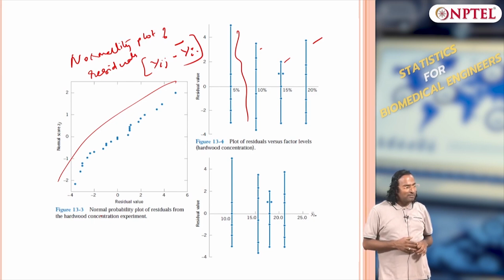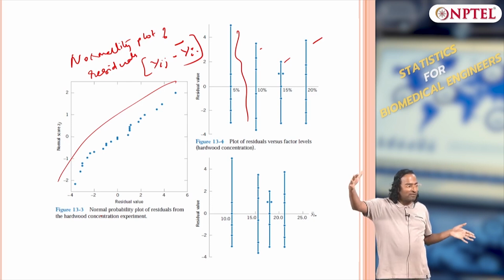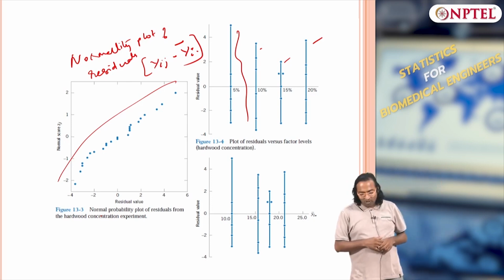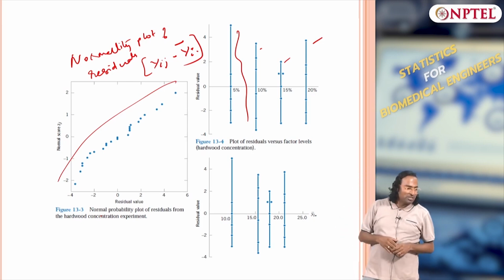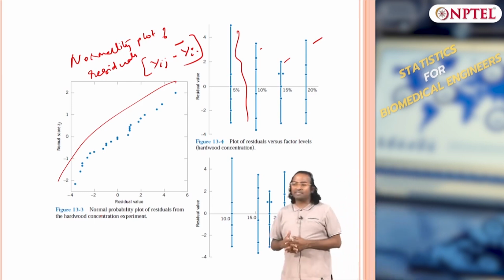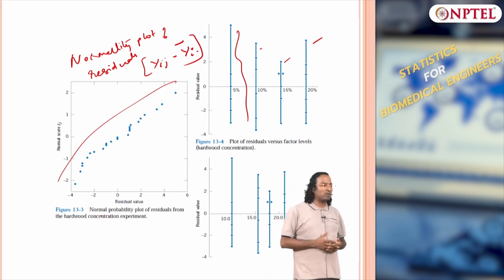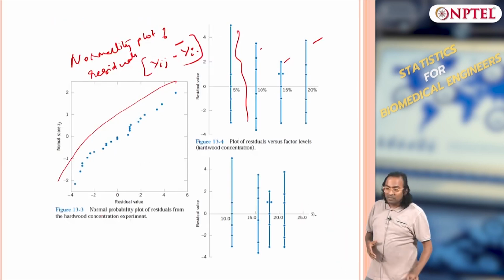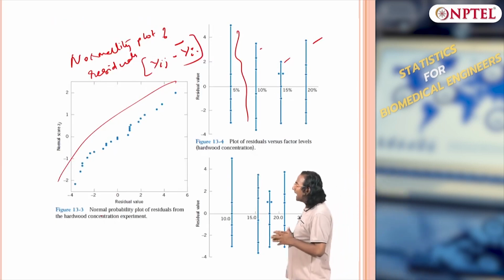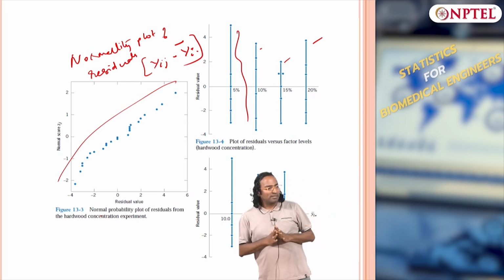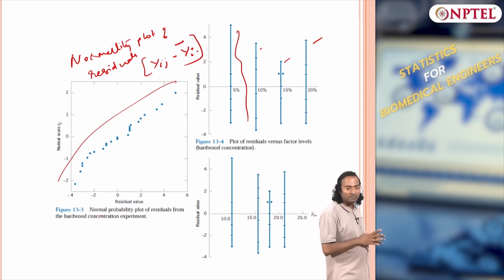Is the spread looking very different? 5 and 15 may look similar, 15 is looking small, but 5 and 20 almost, right. So those are quick visuals to check whether there is something glaringly wrong or not. This is where we say, okay, I have confidence in my approach. That is what we should be doing, clear?